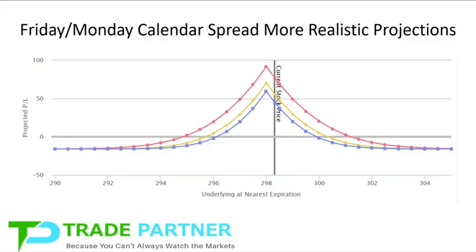And so you're risking $16 to make $50. The break-even point is actually about 1.5, maybe not even 1.5, but maybe a point to 1.5 above and below the strike of that calendar. And it's just not as good of a scenario.